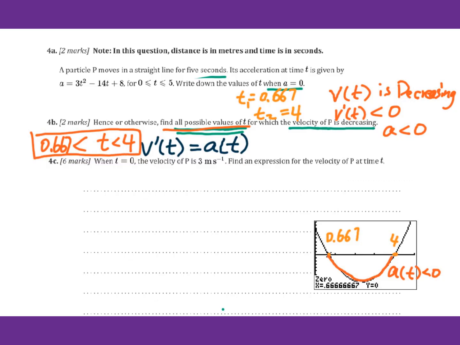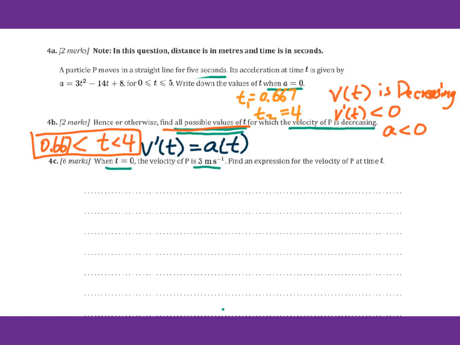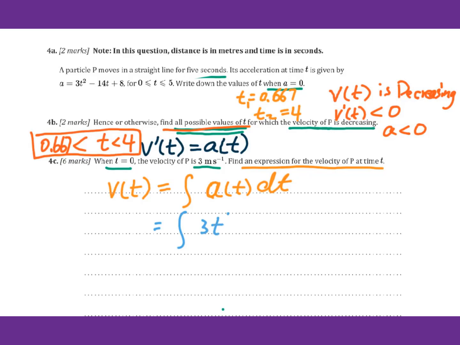For 4c, when t equals 0, the velocity of P equals 3 meters per second. Find the expression for the velocity of P at time t. We know velocity of t equals integral of acceleration of t. So we plug in, we have 3t squared minus 14t plus 8.